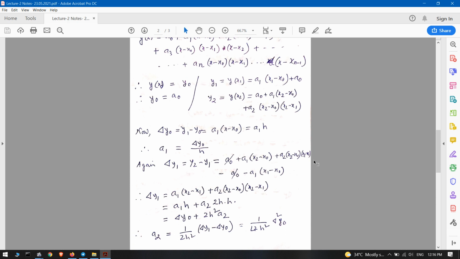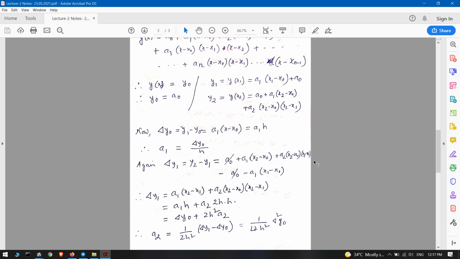Now x2 minus x1 equal to h, because that set of x values is equispaced. Equispaced means x1 minus x0 equal to x2 minus x1 equal to x3 minus x2 equal to h. So we can write a1 into h plus a2 into x2 minus x0. x2 minus x0 equal to 2h, isn't it? x1 minus x0 is h, and x2 minus x1 is also h, so x2 minus x0 is twice h. The last term x2 minus x1 is h.